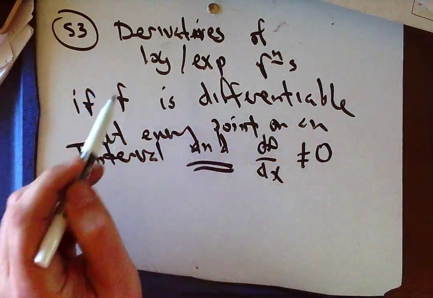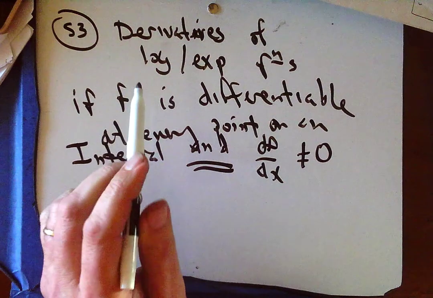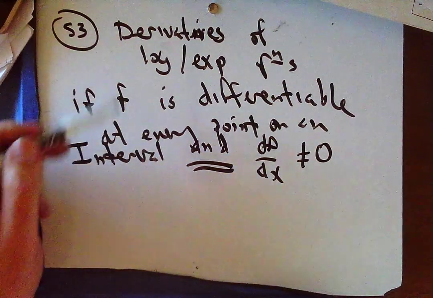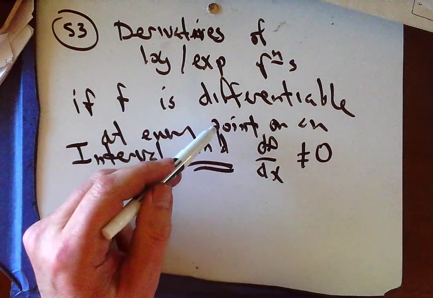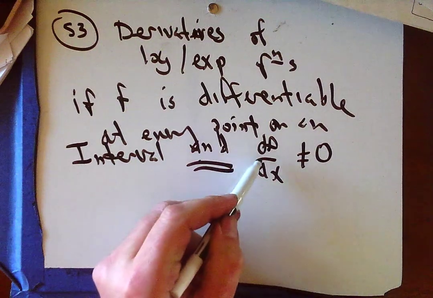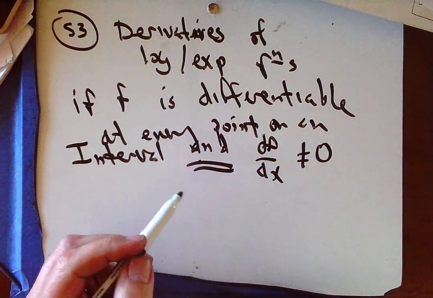If the derivative of this equals 0, it's not going to work. Derivatives of inverse functions have to meet these two prerequisites: f is differentiable on that interval you're looking at, and the derivative of f is never equal to 0.